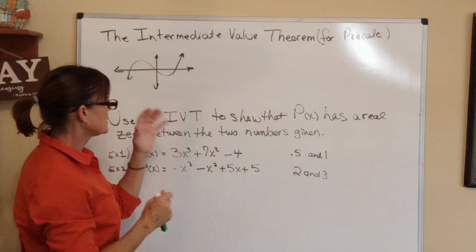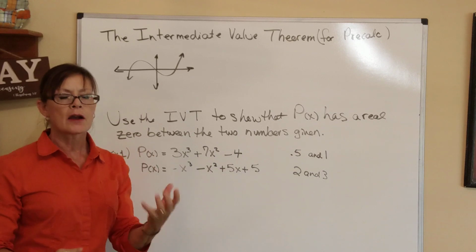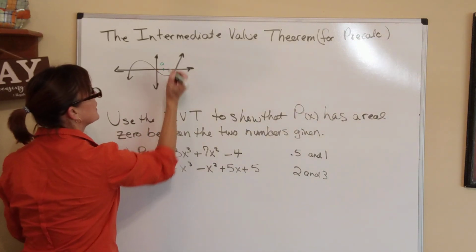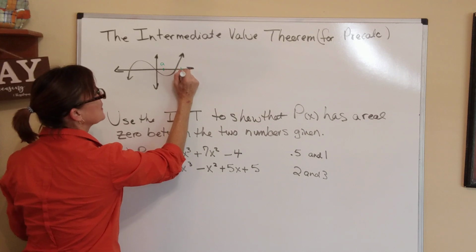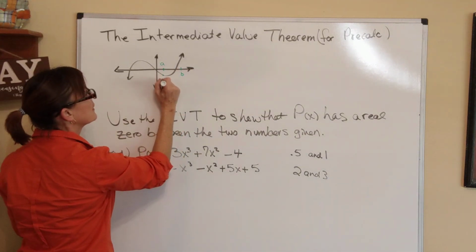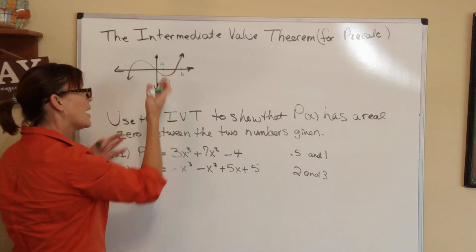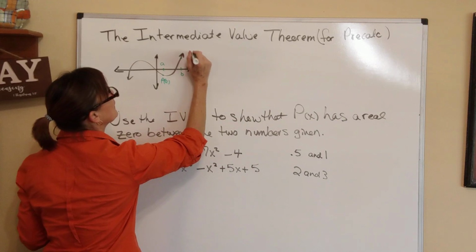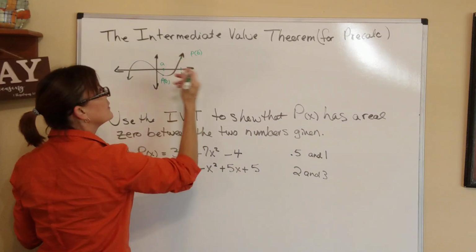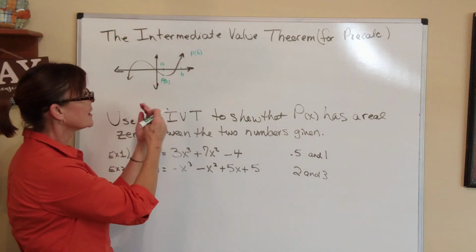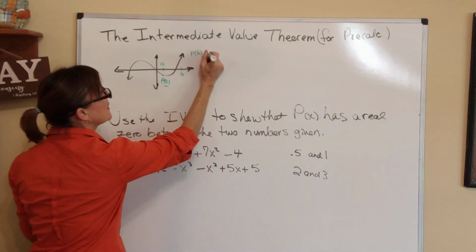And so what it says is that if you can find that at some value a, so maybe this is a, and some value b, so maybe this is b, that p of a, or the y value that goes with a, and p of b, or the y value that goes with b, are opposite in sign, meaning one is negative and one is positive.